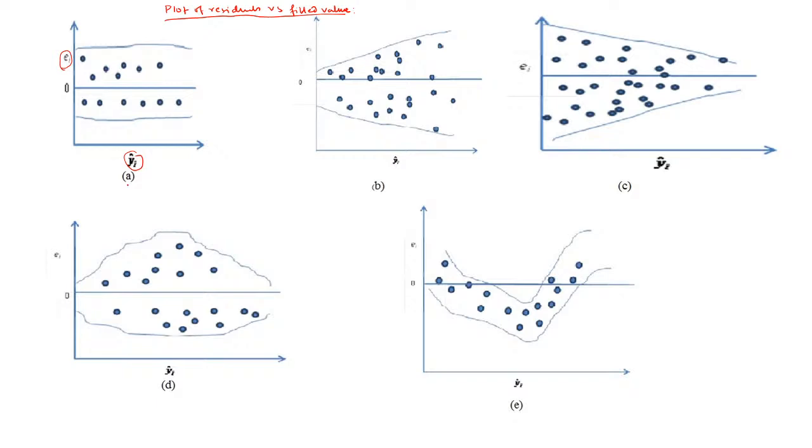So first I consider figure A. If the plot is such that the residuals can be contained in a horizontal band fashion, this is a horizontal band fashion.